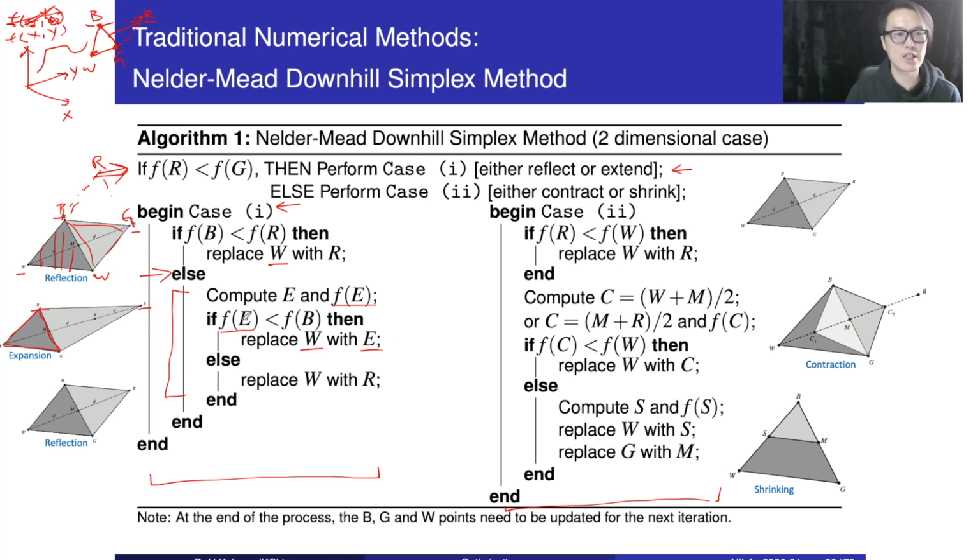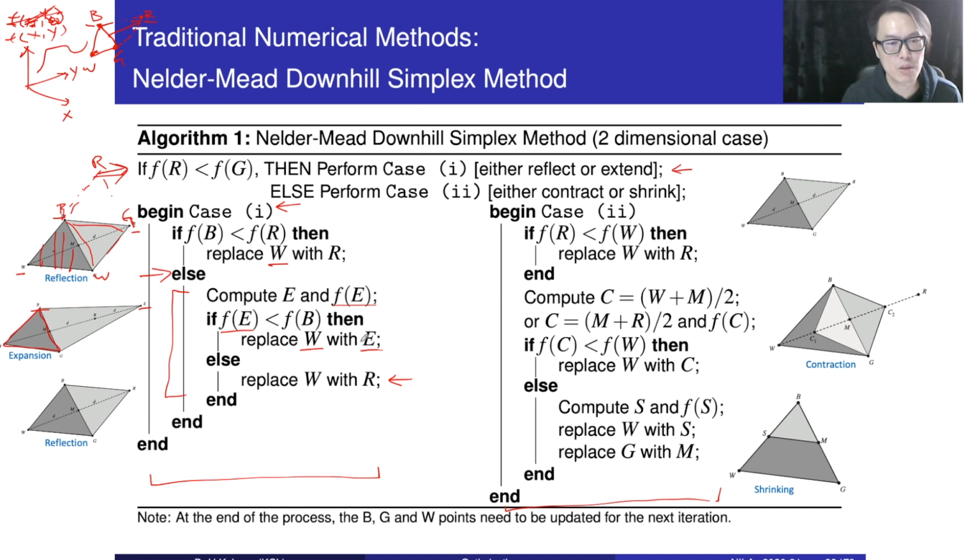But if it is not better than FE, that is, not better than FB, we are going to do this step. Now it is in a good direction, but once we find out that the expansion point is not less than the best point, it seems that this direction, although it is good, may not be good enough.